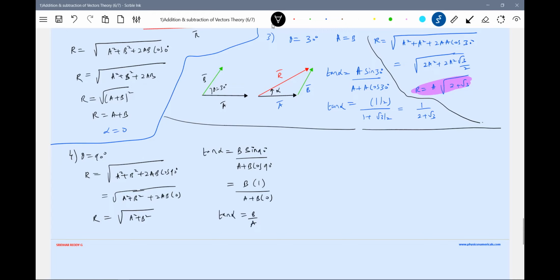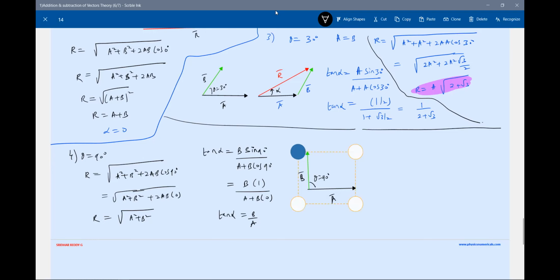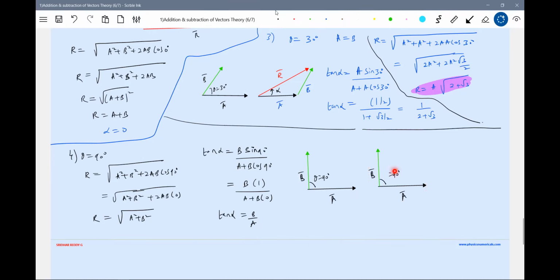How the two vectors are? This is A bar. Then this was the B bar. And the angle between vectors is how much? 90 degrees. Let's calculate the resultant. So how to get the resultant? I have to shift, I'll remove this.